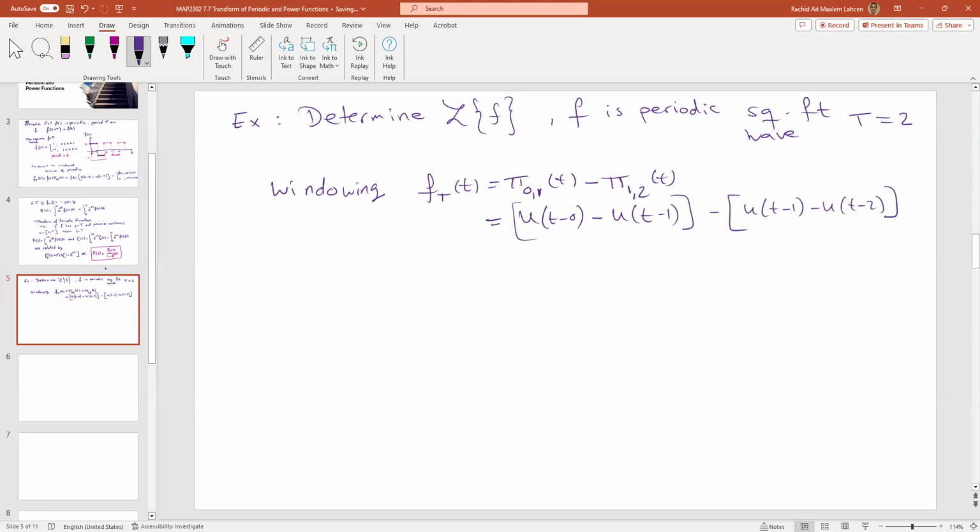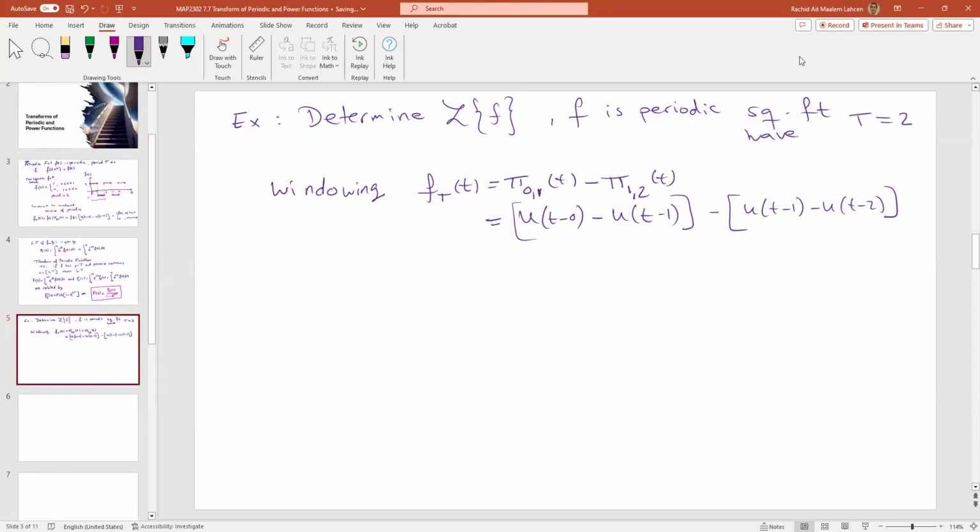So now if I want to switch to this F sub capital T of s, the sub period, I will refer back to this formula.